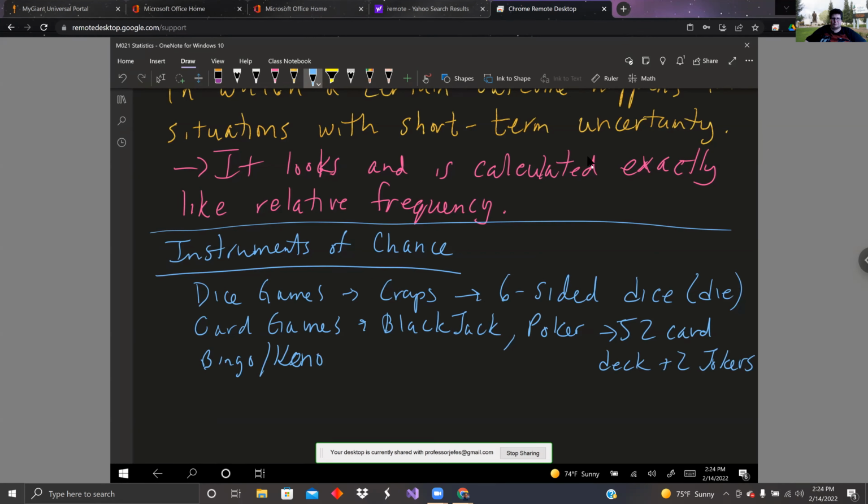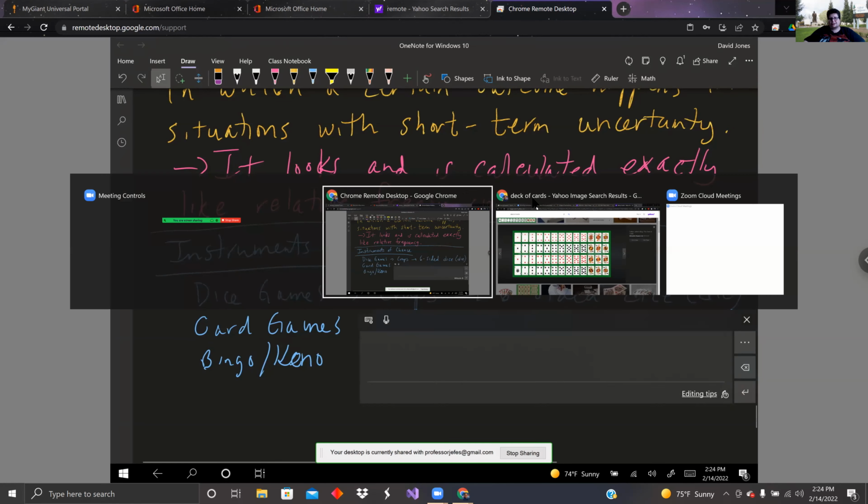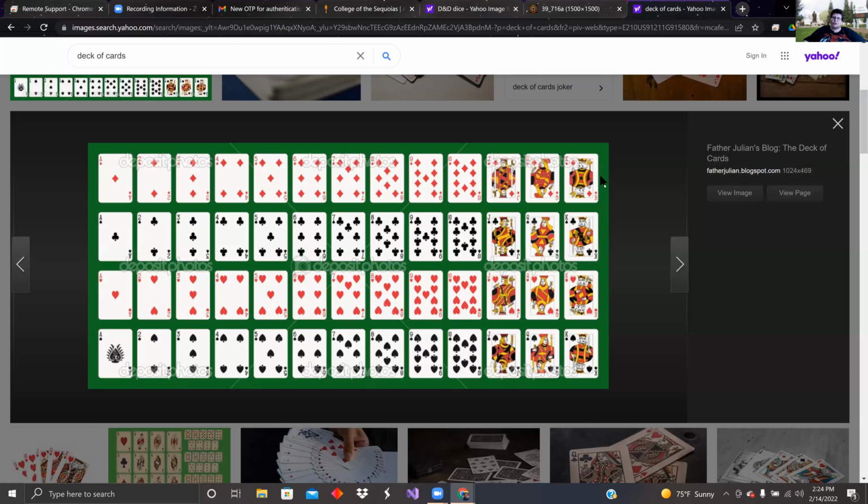But I do have some examples so I can show you pictures of decks. It blew my mind when I started teaching and, after using a deck of cards in examples, finally noticed someone looked confused, who had no idea what a deck of cards looks like. So this is a deck of cards. There are 52 cards and 4 suits. A suit is the shape that appears on the cards.